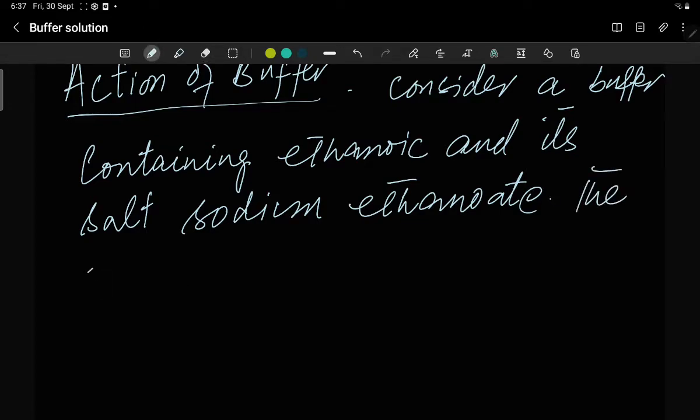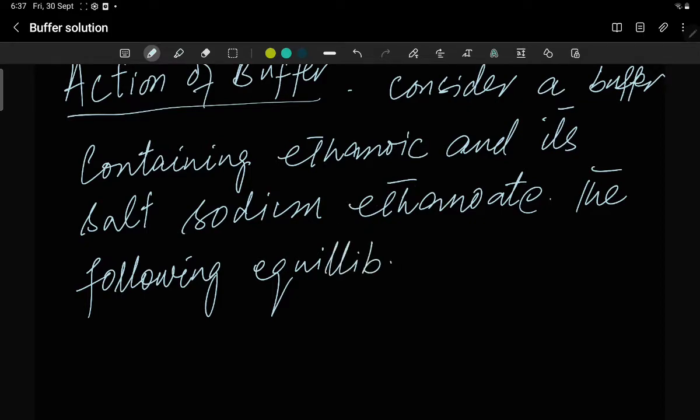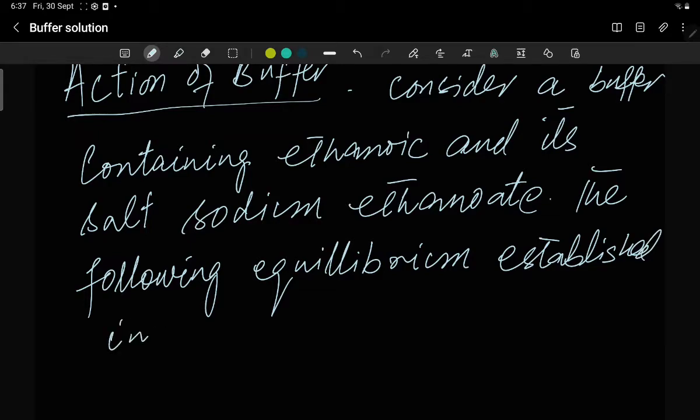The following equilibrium is established in the buffer solution.